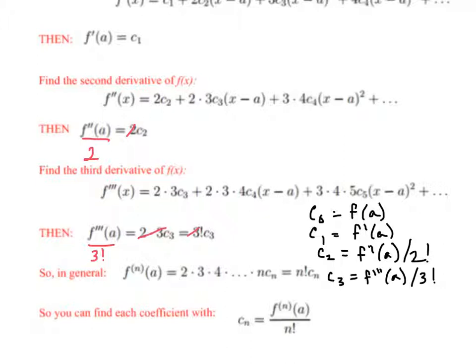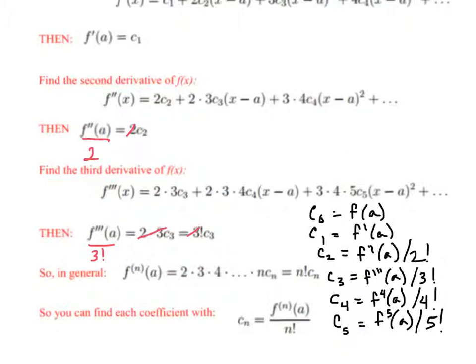So the general pattern here is that we will find the derivative's value at a, and divide by that derivative's factorial. So like the second derivative was 2 factorial. Third derivative would be 3 factorial. So the next constant would be the fourth derivative's value at a, divided by 4 factorial. If we want to go one more, it would be the fifth derivative's value at a, divided by 5 factorial.